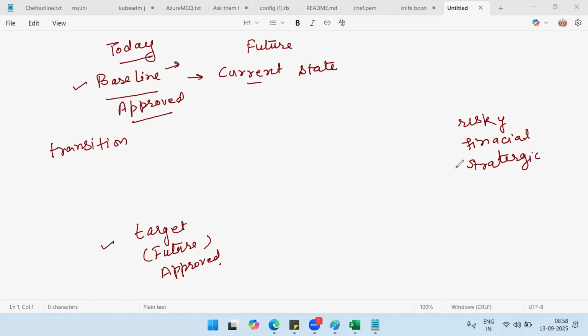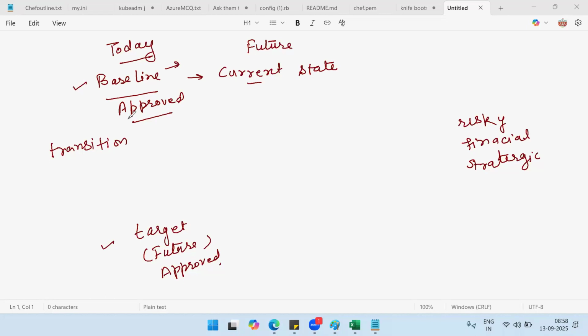So you can use the transition architecture when an incremental approach is required. Okay, incremental approach. Incremental approach is that it's not a complete change.